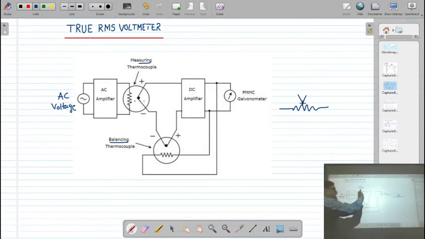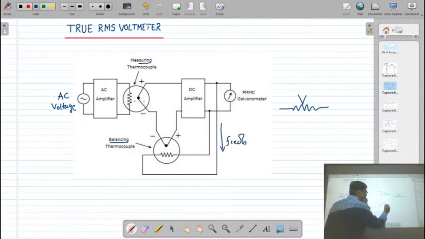Then the output of the thermocouple is given to a DC amplifier. The output of the DC amplifier is connected to a galvanometer, and here we have a feedback. In the feedback, one more resistance is connected, and another thermocouple is also connected with this resistance. Now let us see how we can measure this RMS voltage.